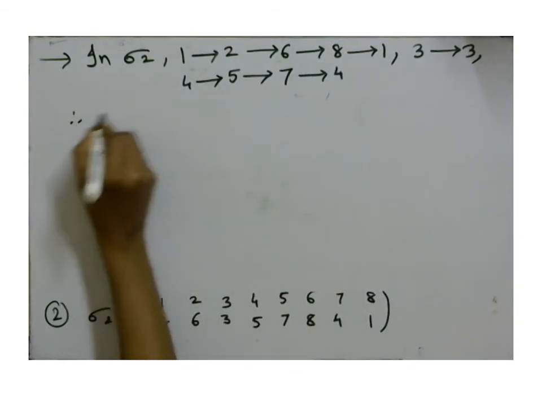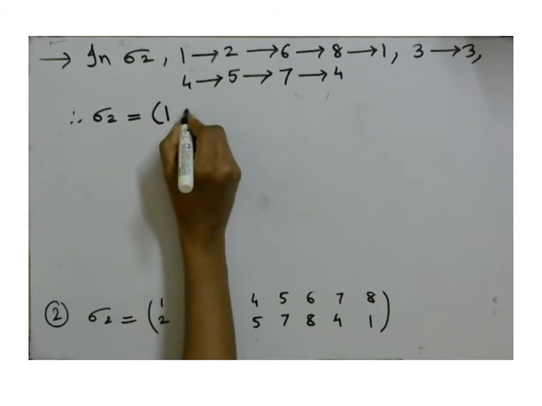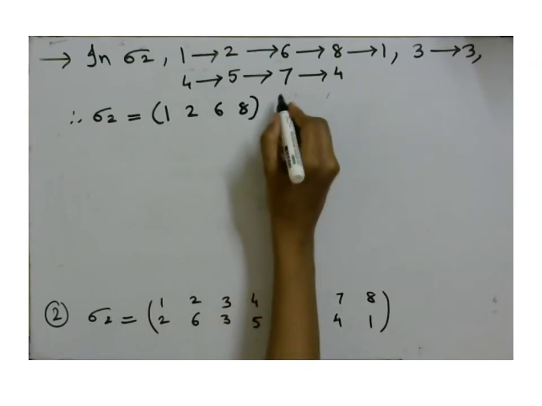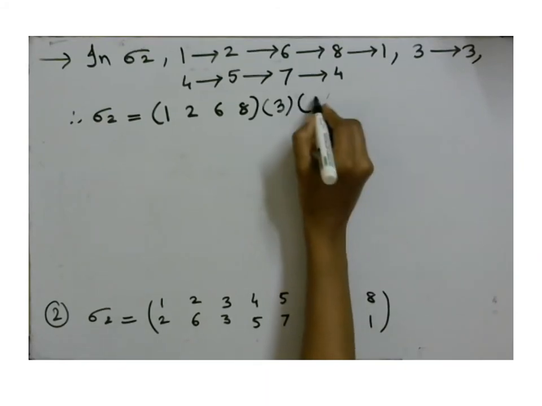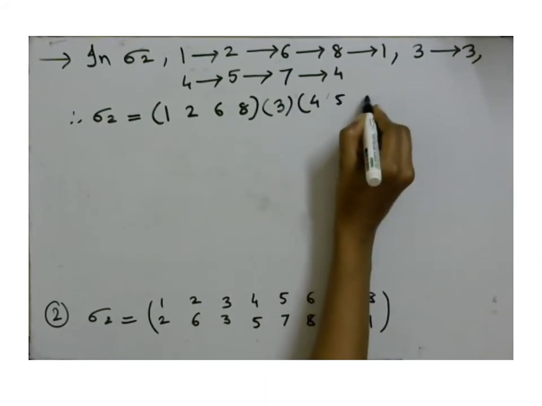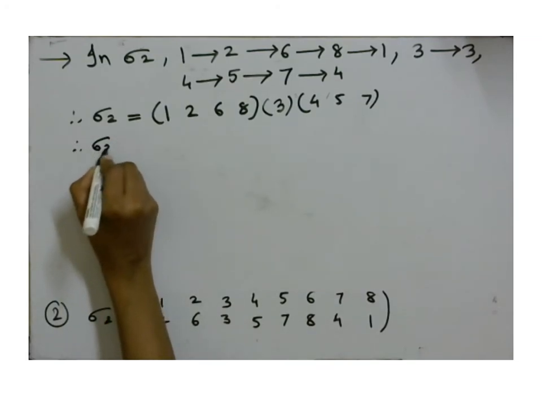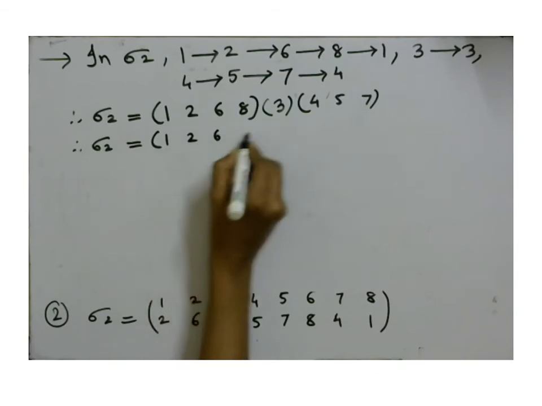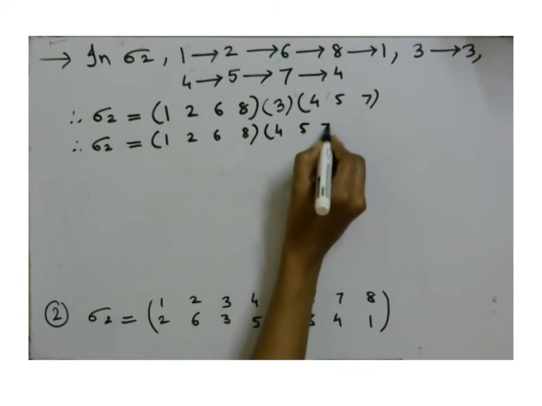Hence the cyclic notation of sigma 2 is (1, 2, 6, 8), the 4-cycle, (3), a one-cycle, and (4, 5, 7). As I told you, one-cycles can be omitted, so sigma 2 can be written as (1, 2, 6, 8)(4, 5, 7).